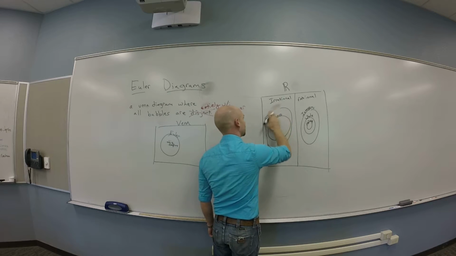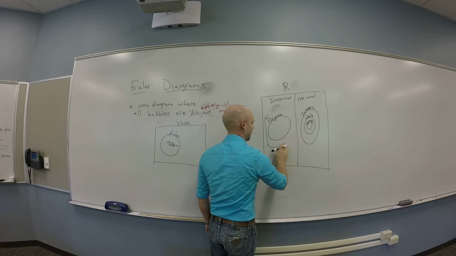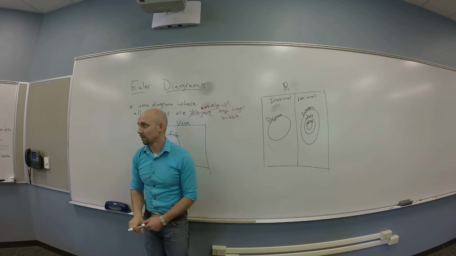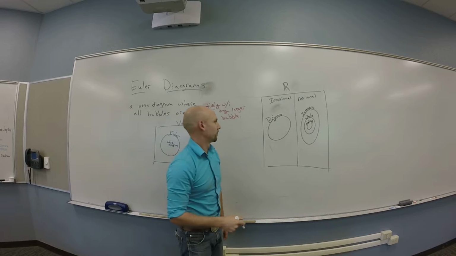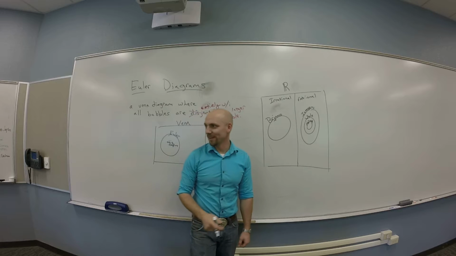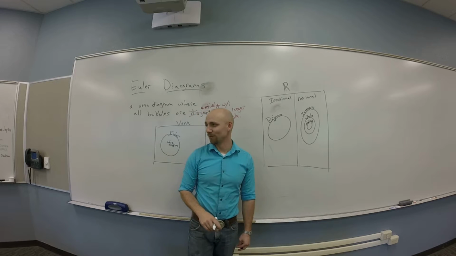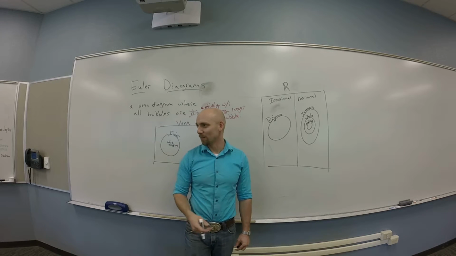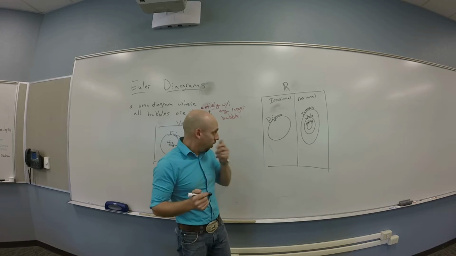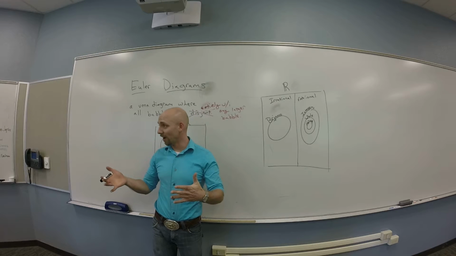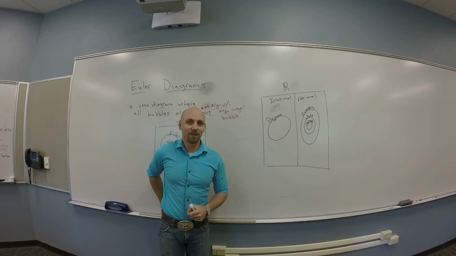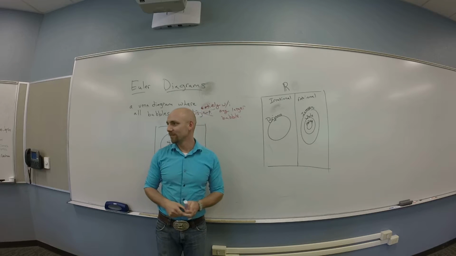Where would the transcendentals go? I'm not sure they don't overlap with the Bruno numbers a little bit. I suspect they don't. And that would ruin my Eulerness, but not my Vennness.